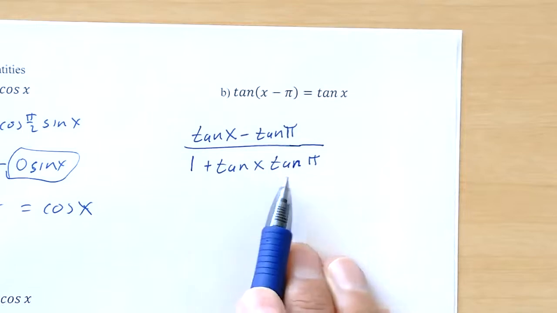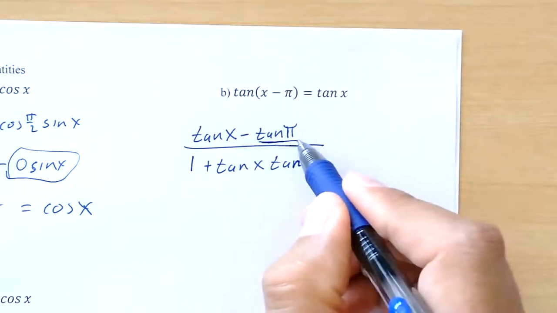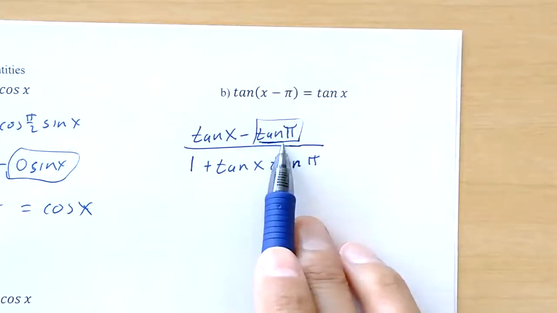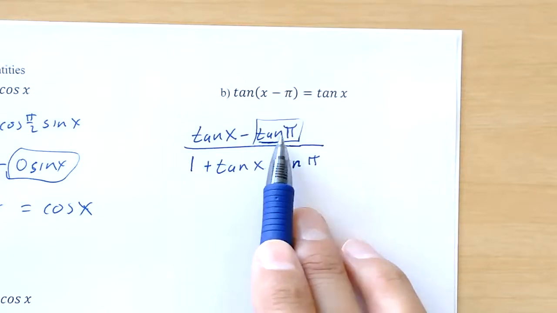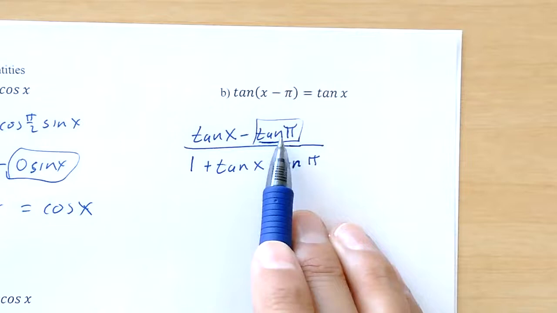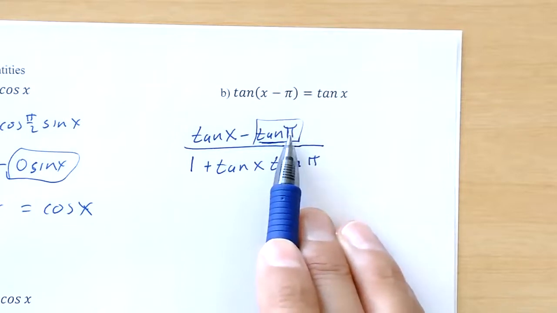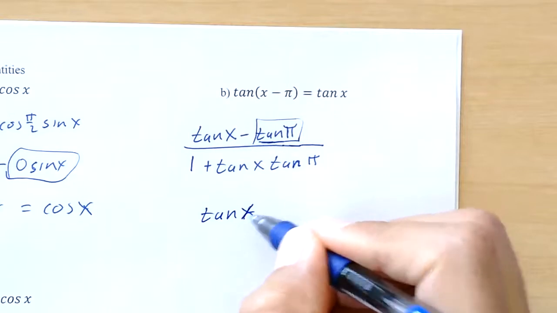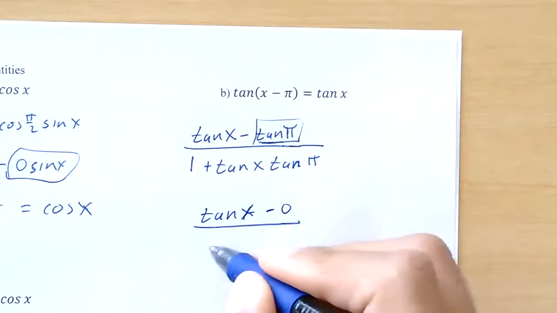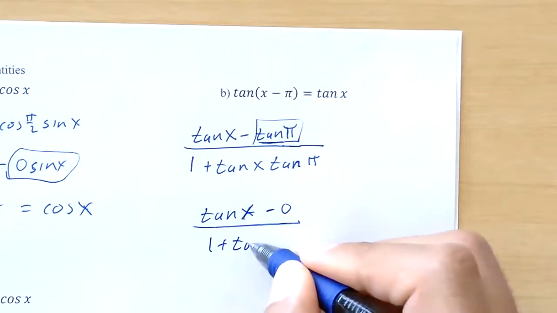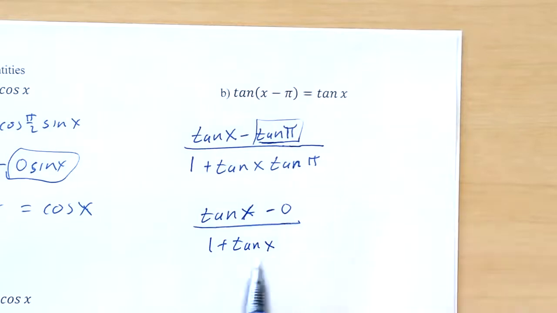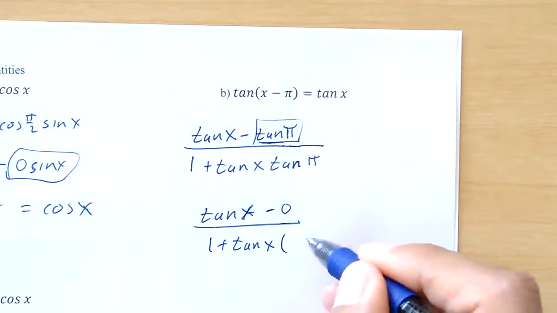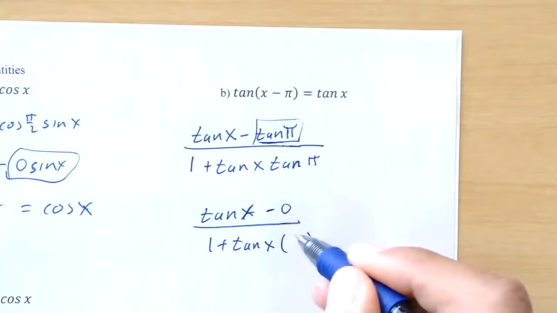And then I need to calculate the tangent of pi. You can look at the tangent graph. At pi, the tangent is 0. So you have tangent of x minus 0. In the denominator, you have tangent of x times tangent of pi, which is 0.